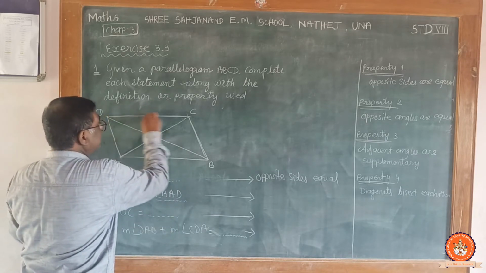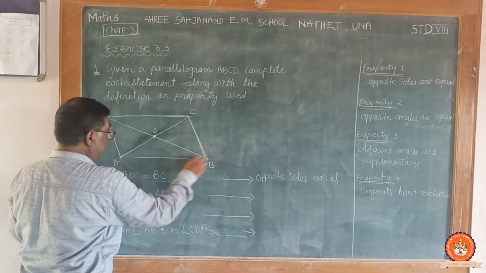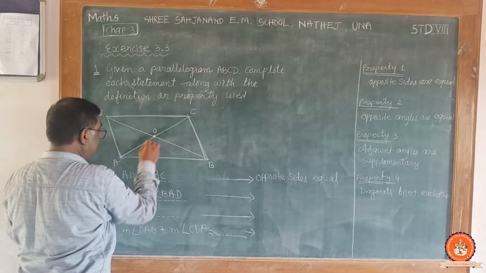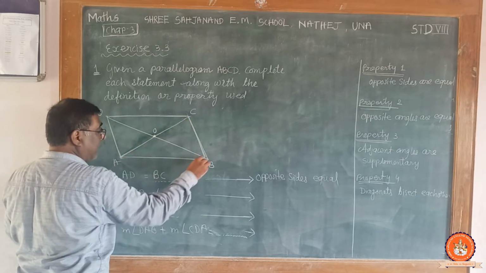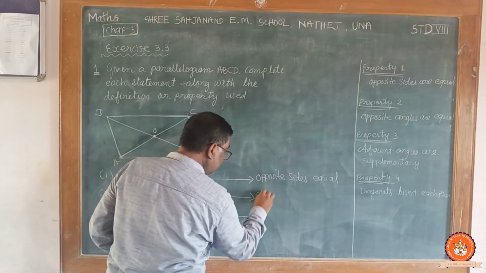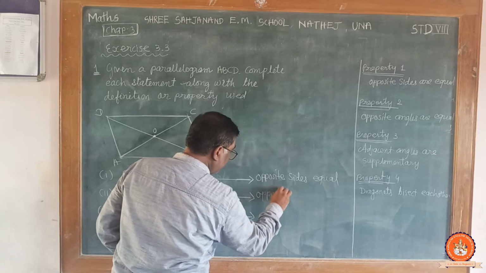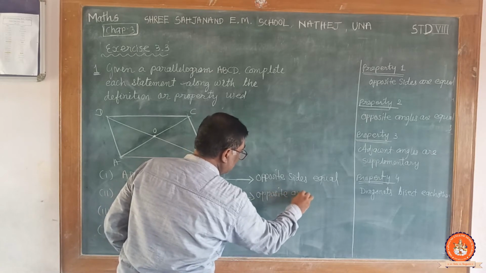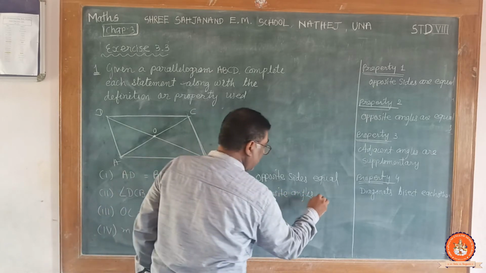So angle DCB is equal to angle BAD. Angle C is equal to angle A, and angle A can be written as BAD. Its opposite angles are equal.